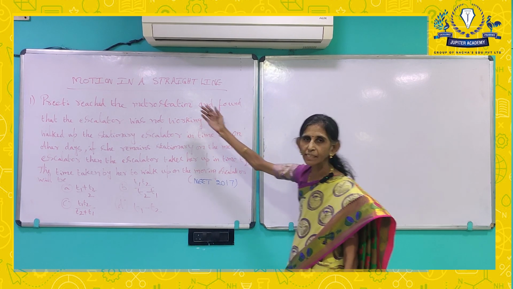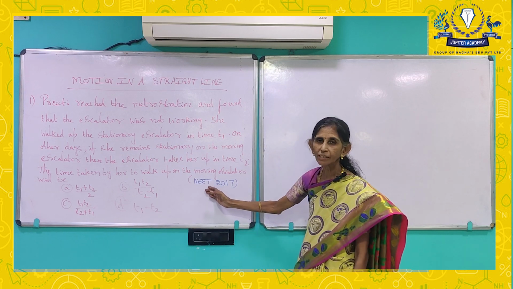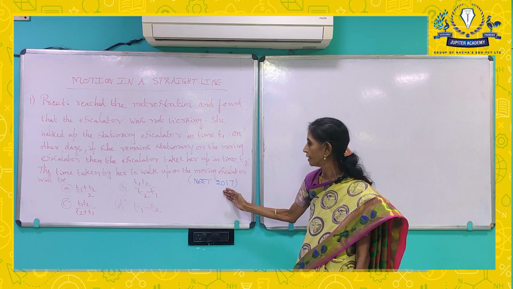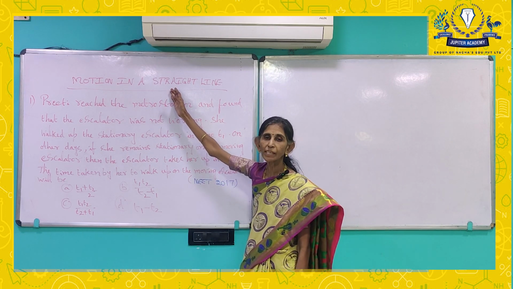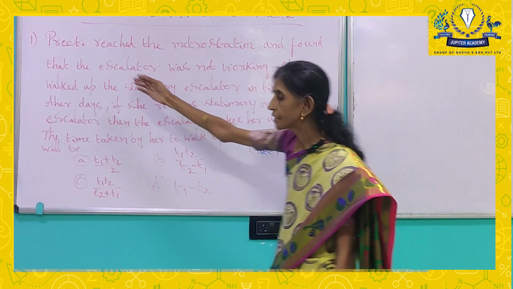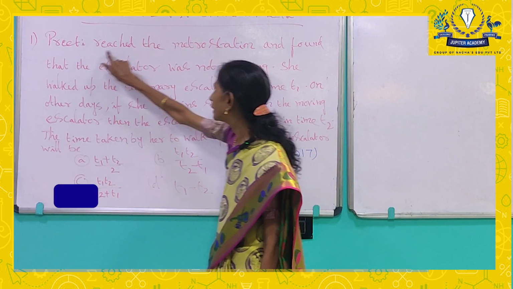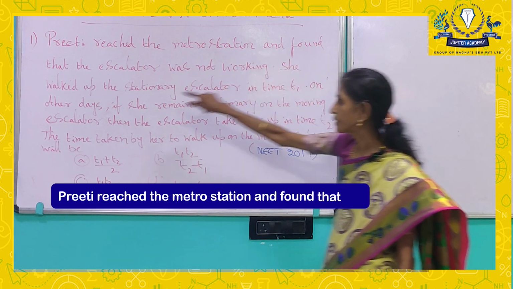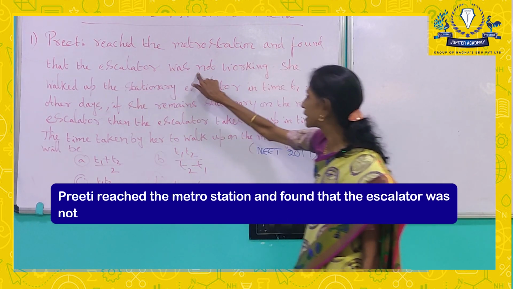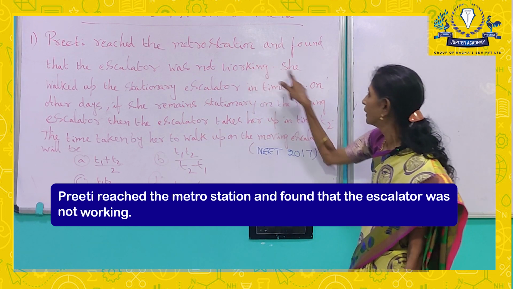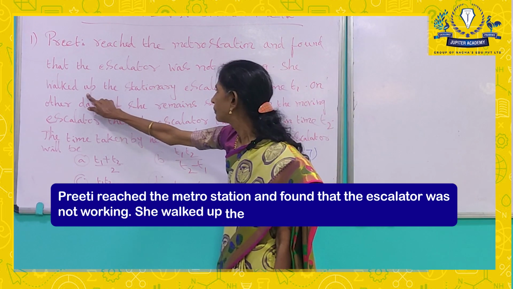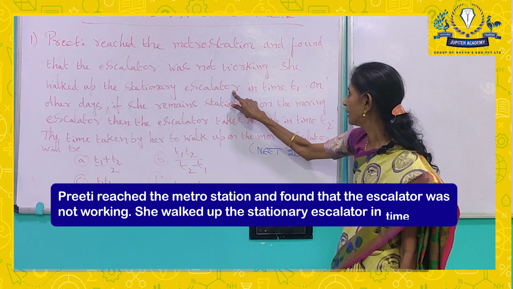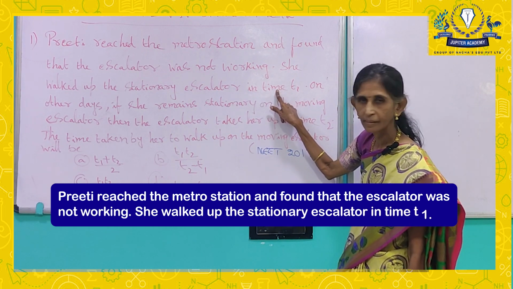Let us see in today's class one problem asked in NEET 2017 from the chapter Motion in a Straight Line. Let us read the problem. Preeti reached the metro station and found that the escalator was not working. She walked up the stationary escalator in time t1.